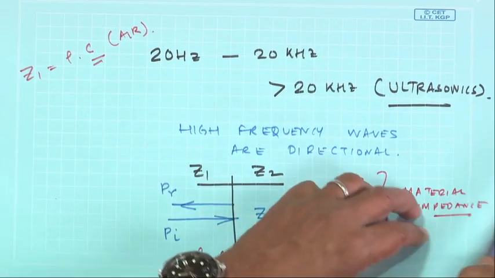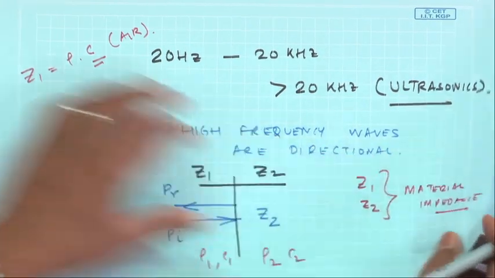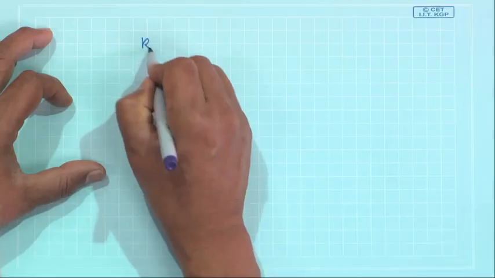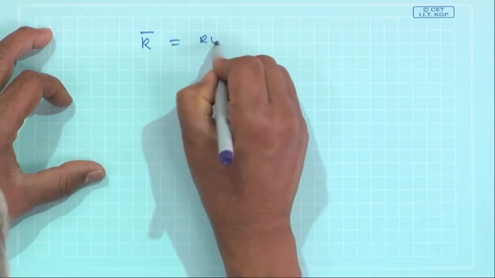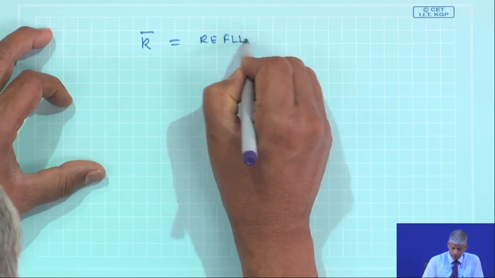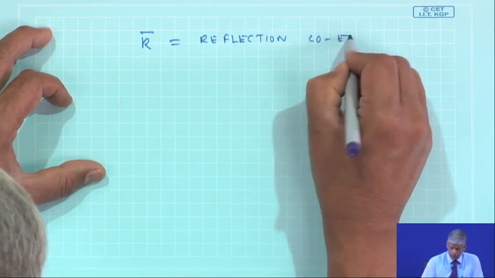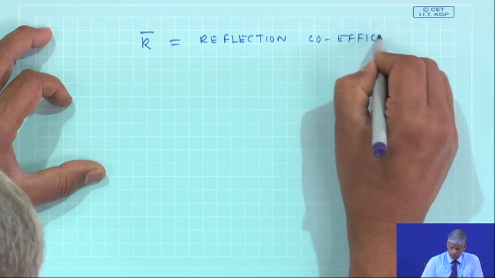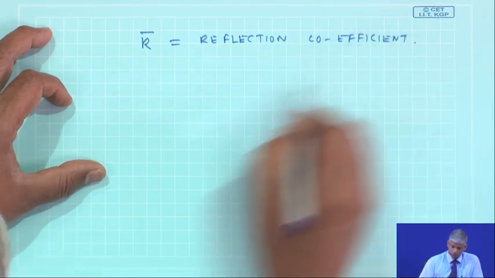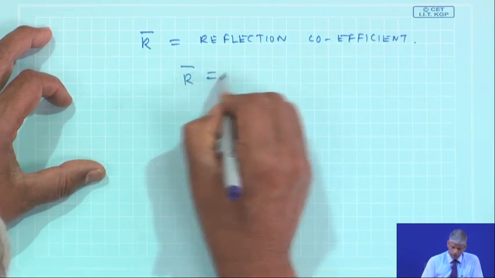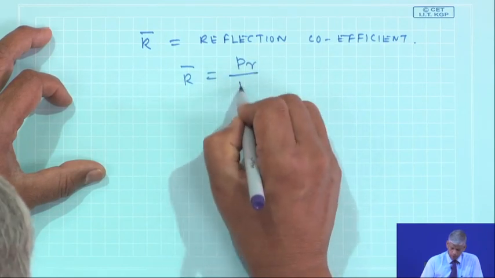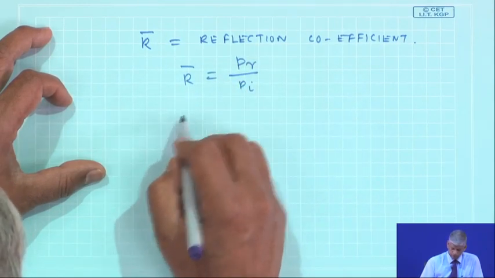Okay. So, if I consider the reflection coefficient R, it is nothing but PR by PI. Okay.